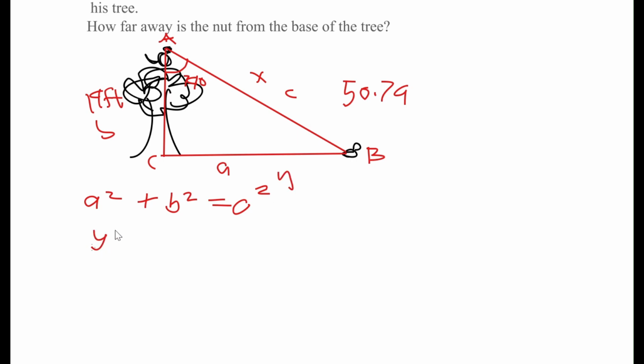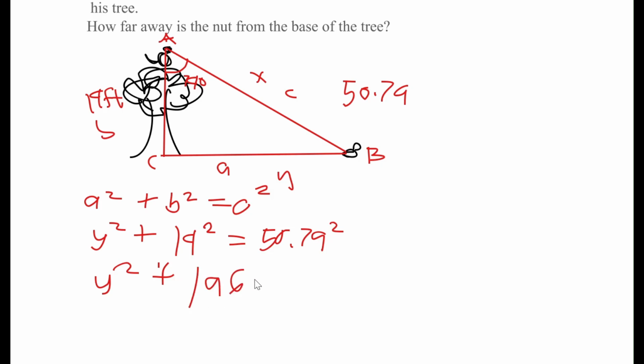So this is y squared plus B, which is 14 feet, so 14 squared, is equal to 50.79 squared.